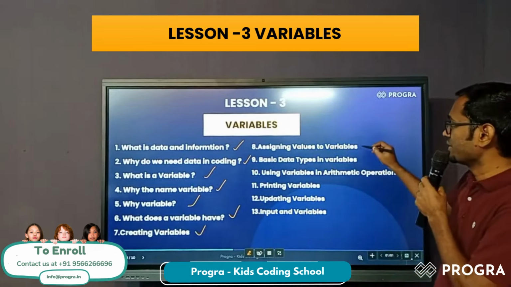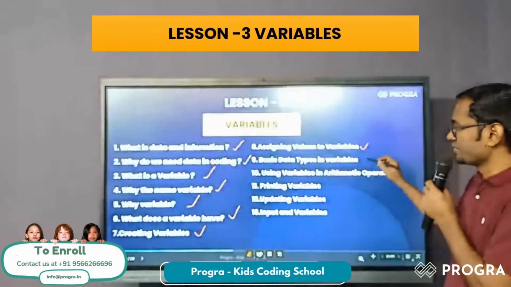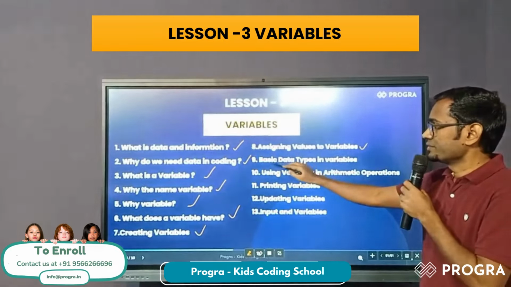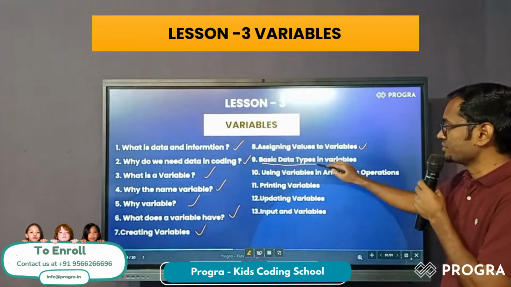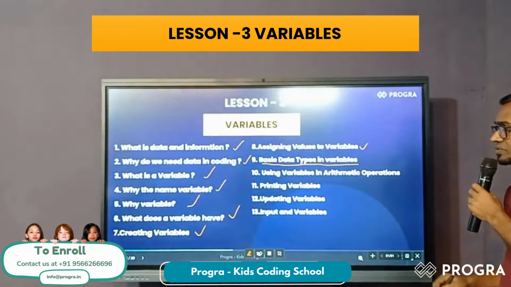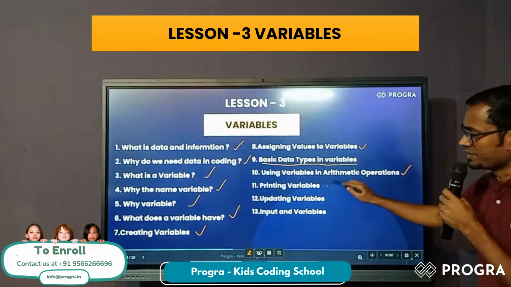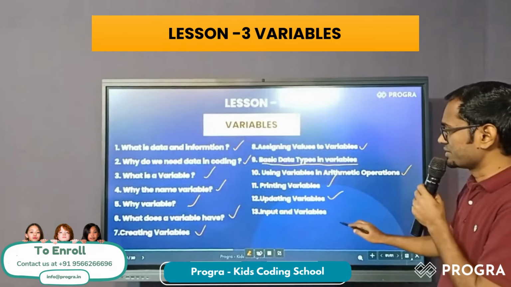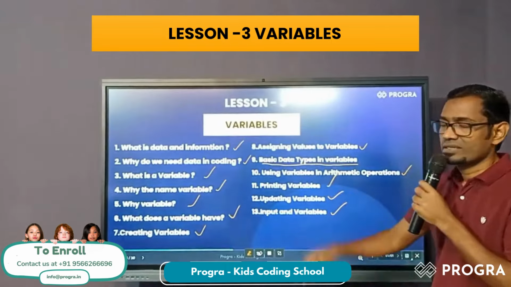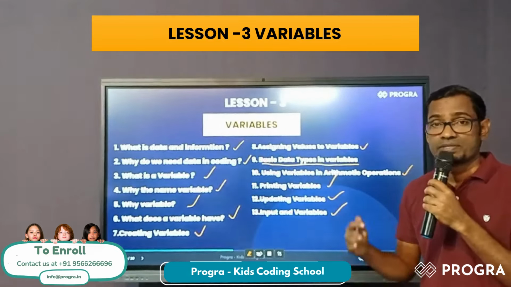Then we will deal with assigning values to variables, and we'll see some basic data types in variables. And the 10th topic would be using variables in our arithmetic operations, and then printing variables, updating variables, and input and variables.